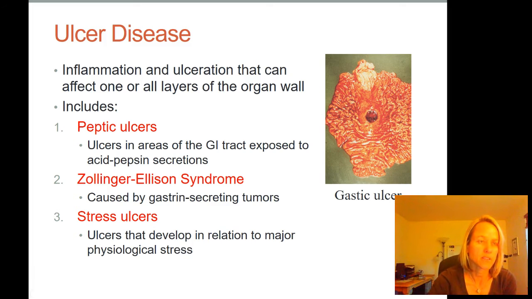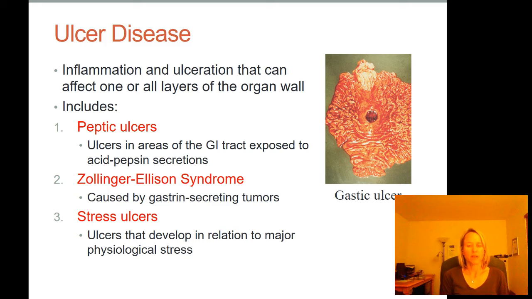Okay, ulcer disease. With ulcer disease, we have inflammation and ulceration or erosion that can affect one or multiple layers of the GI tract wall. This includes peptic ulcers, which are ulcers found in areas of the GI tract exposed to acid and pepsin secretions. Of course, this could be the stomach, the esophagus, or the duodenum.